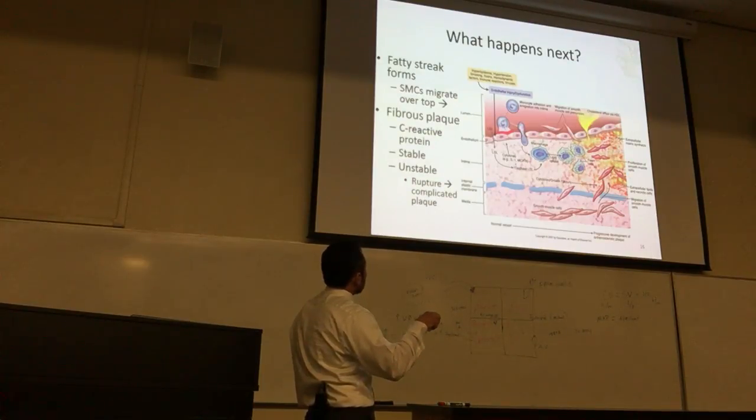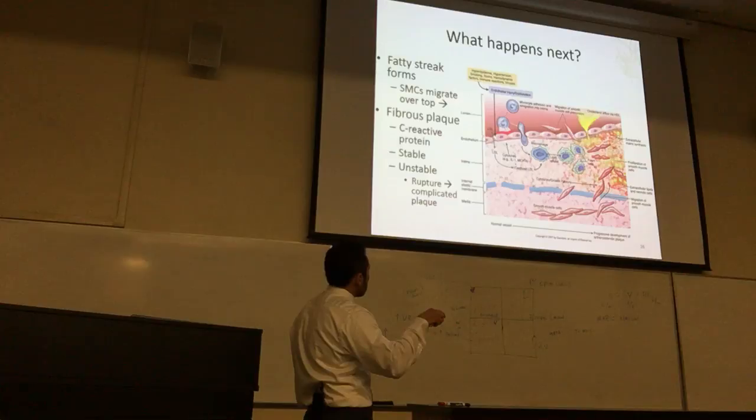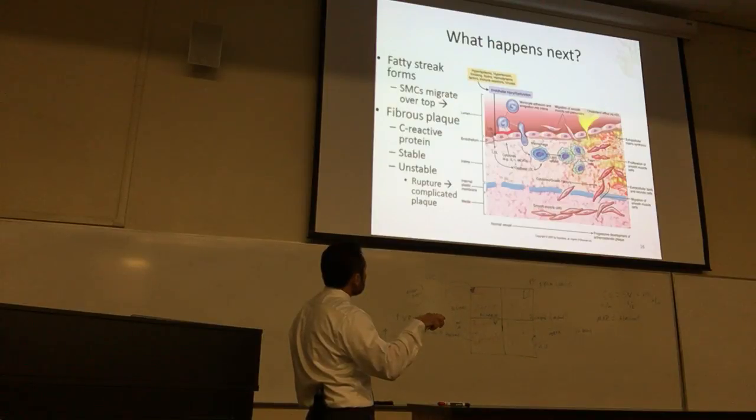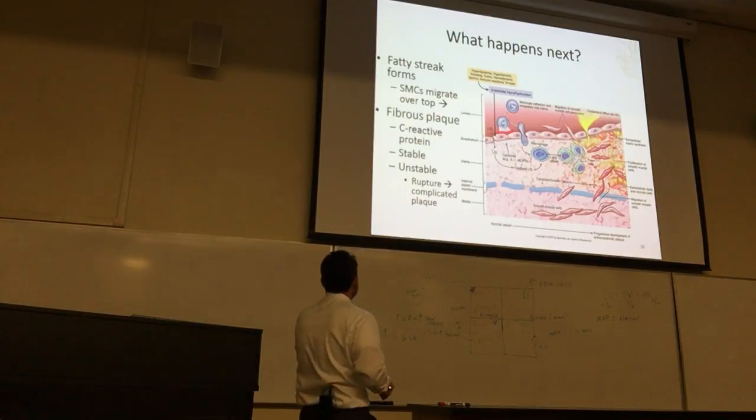You've got macrophages, monocytes diapedesing. They become tissue macrophages. They uptake lipid. They become foam cells. These foam cells can oxidize fat, LDL that's stuck in this area. And this causes a lesion that becomes hard and stiff and non-compliant.